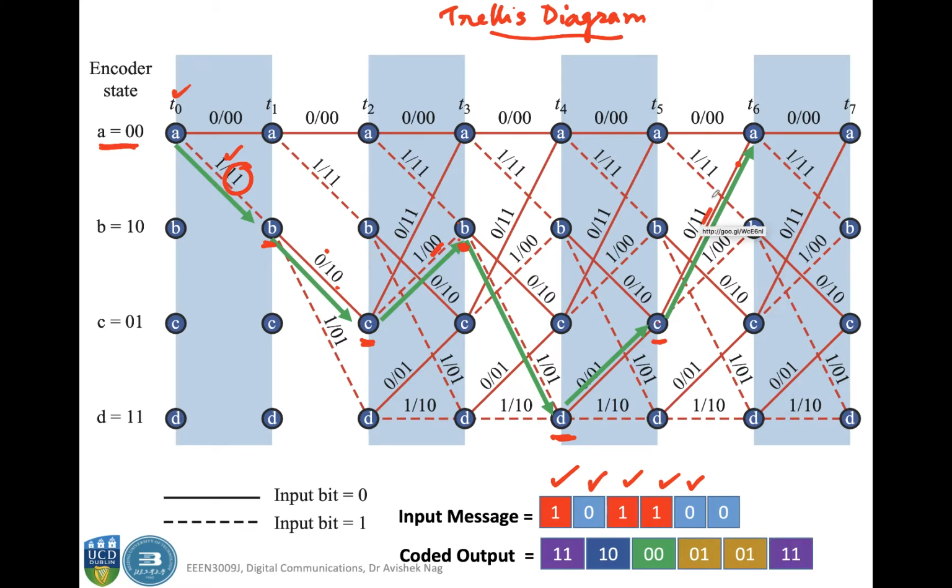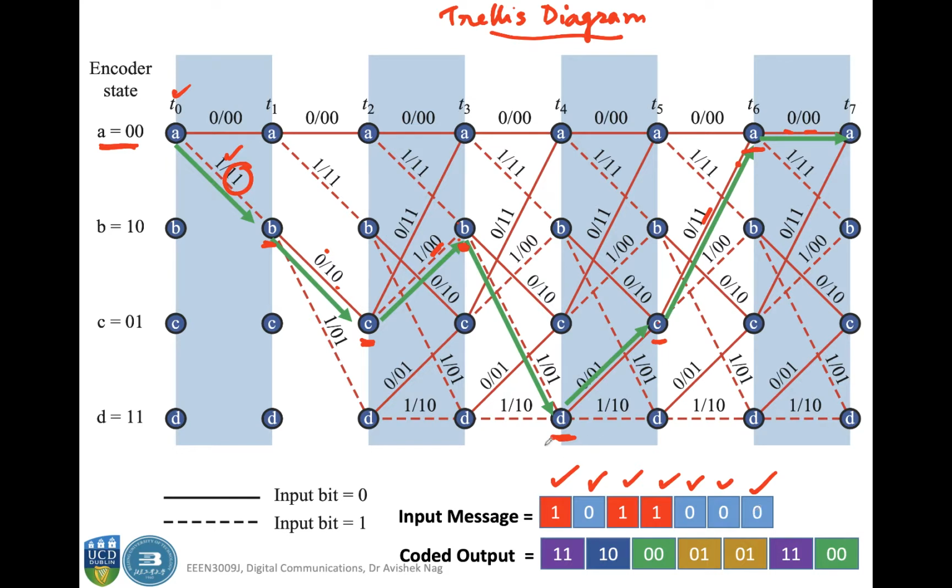So the output here is 11, and you are at state A again at time t equal to t6. Now let's say your input is again 0. So you are at state A now, and if your input is 0, then you stay at state A with an output 00. So here will be your output 00.